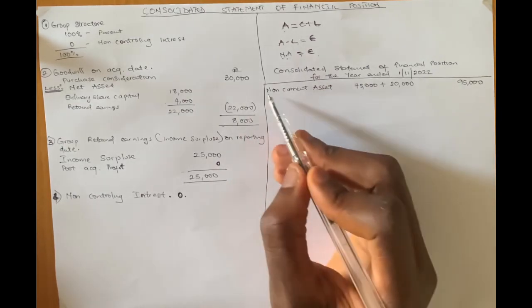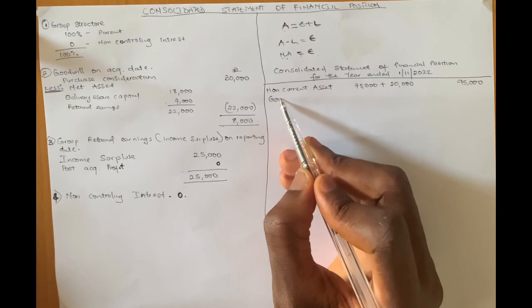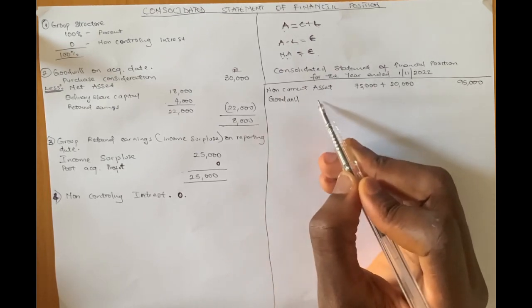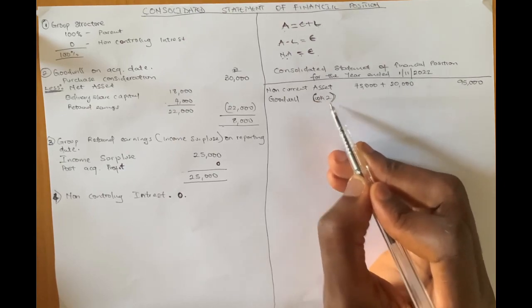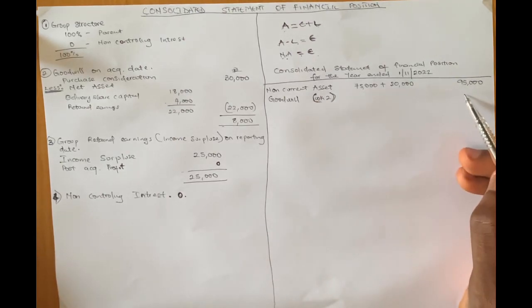After that, we take our goodwill from workings 2, which is 8,000.